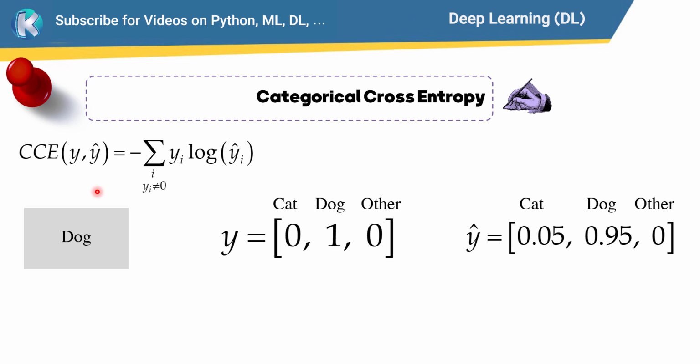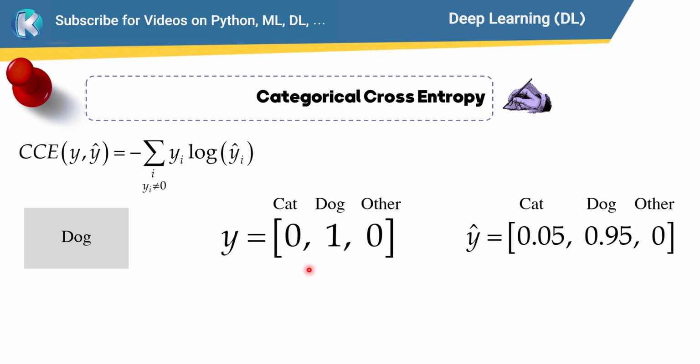So now let's calculate the categorical cross entropy for this example. The categorical cross entropy of y and y hat is minus the summation of y_i times log of y hat sub i, and this log is the natural log. And remember that this summation is over all the values for which y_i is not 0.